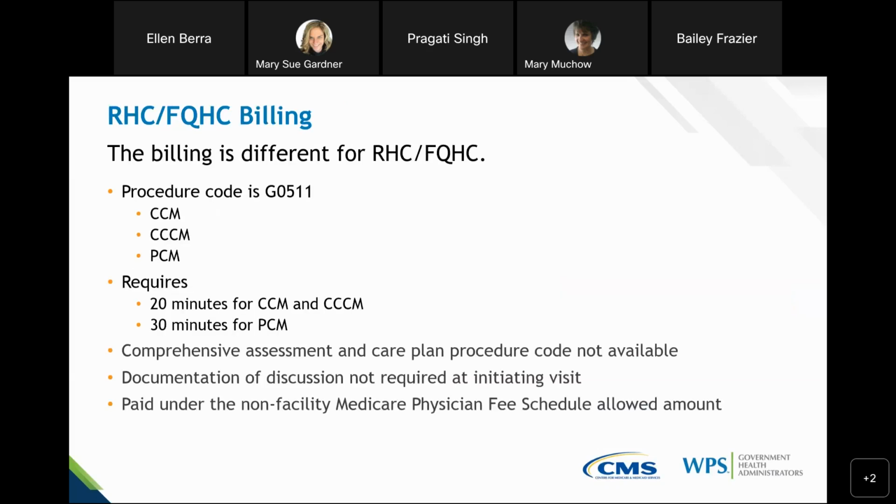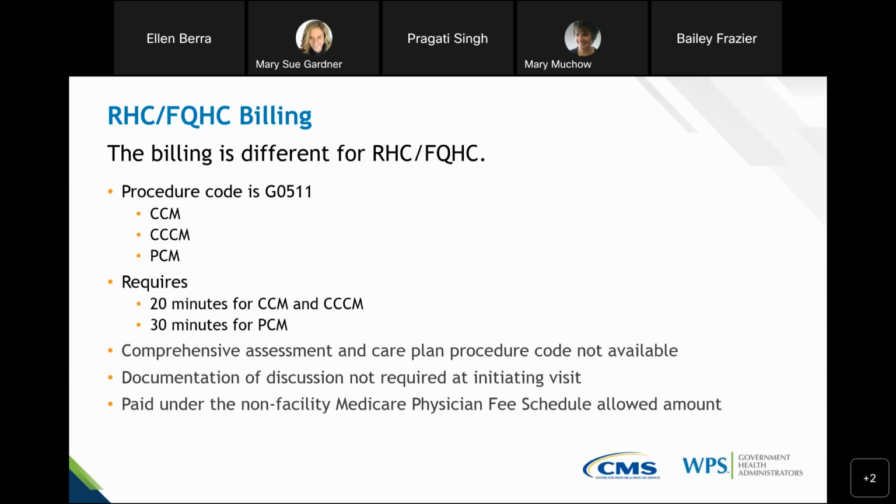And then we also have information here for you for rural health clinics and federally qualified health centers. They have a different procedure code that they would submit. And you can see that up on your screen. And that does include all three: chronic care management, complex chronic care management, and then principal care management.